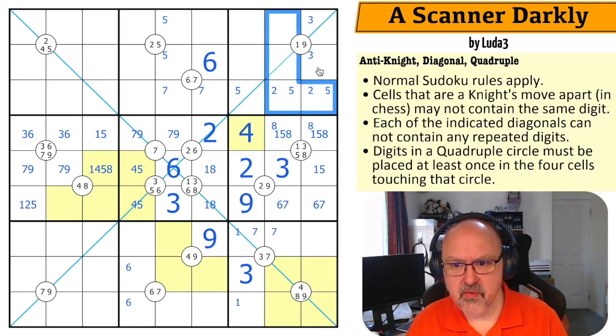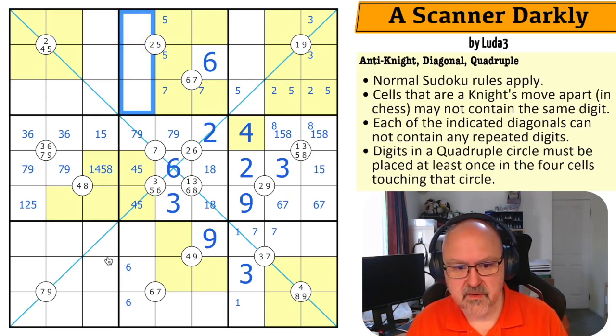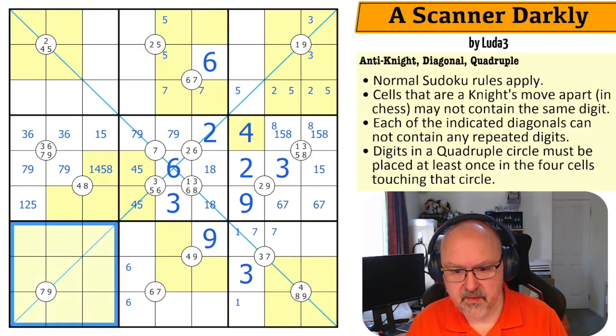So we know 4 is in those. We know 4 is in those, but we don't know anything about 4 in this box to start with, except it's not in those. And down here, we've got almost nothing on 4 at all.